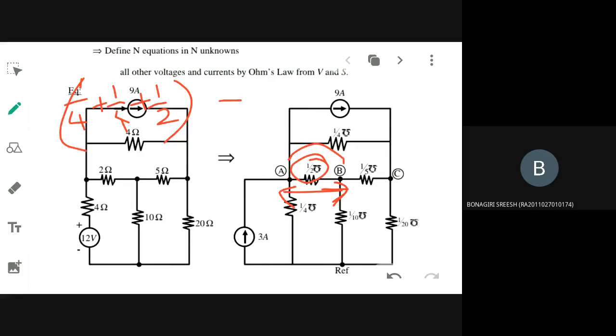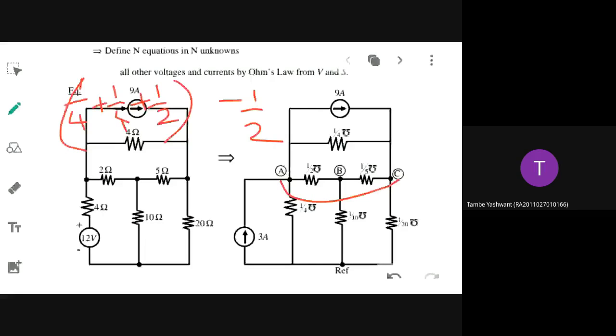What is the sign that you will give? Minus sign. Always we have to give a minus sign between nodes, even while writing the equation, you will get a negative sign only. So minus sign between A and C.